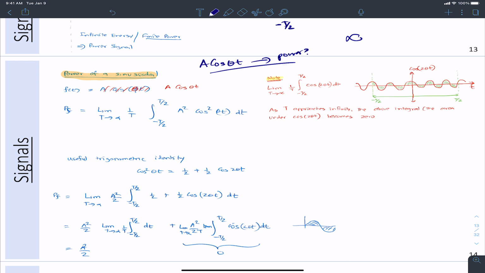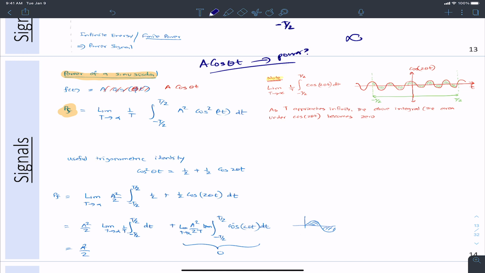So once again, I am writing the definition here. The definition is power is limit T tends to infinity, 1 over T, integration from minus T/2 to T/2, f(t) squared. f(t) is A cos θt, so f(t) squared is A squared cos squared θt dt.